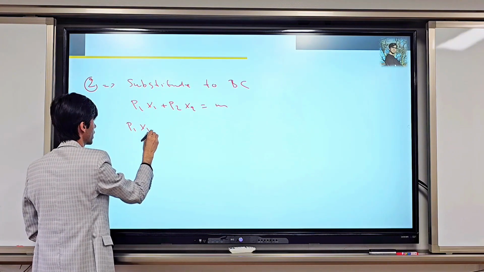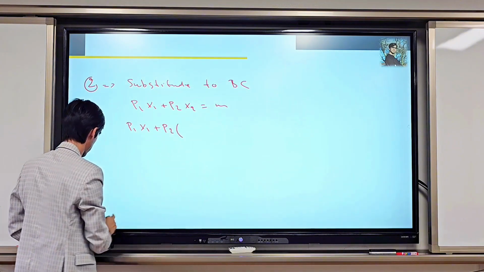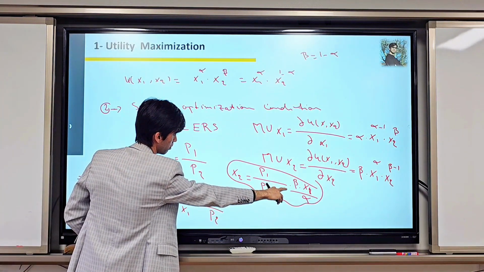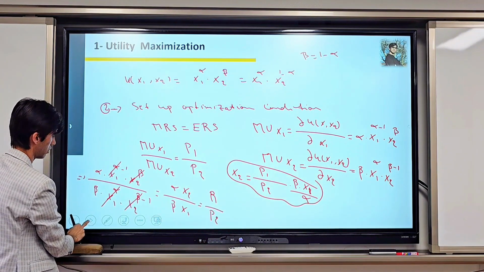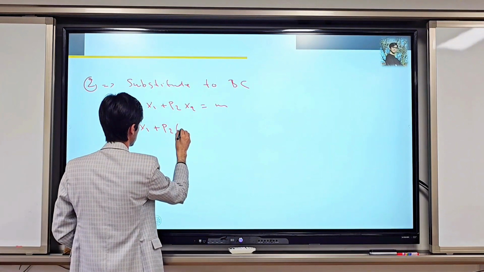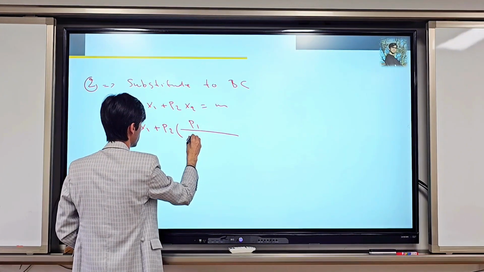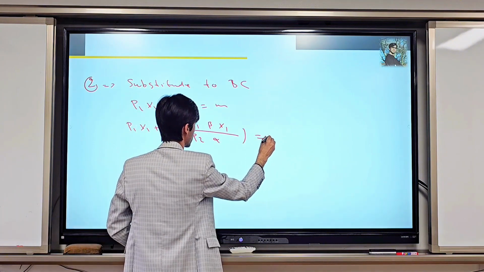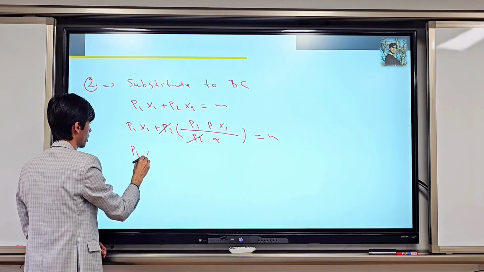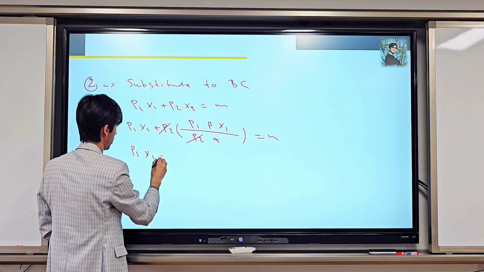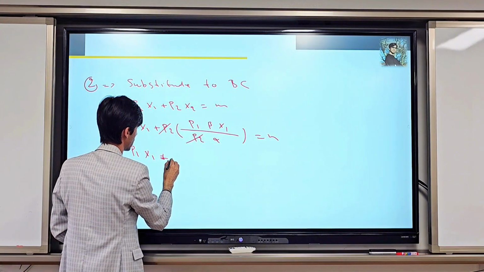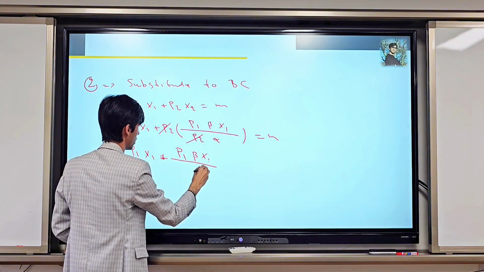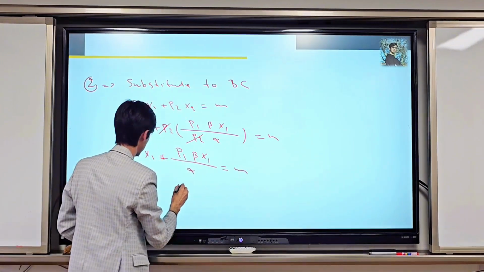So now p1x1 plus p2 multiplied by this one, p1 over p2 times beta x1 over alpha, is equal to m. Cancel out. p1x1 plus, then it will become p1 beta x1 over alpha equal to m.